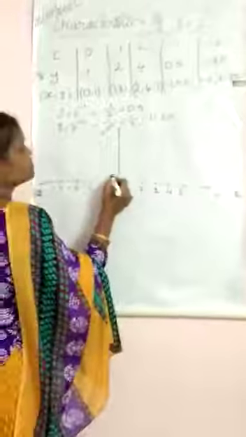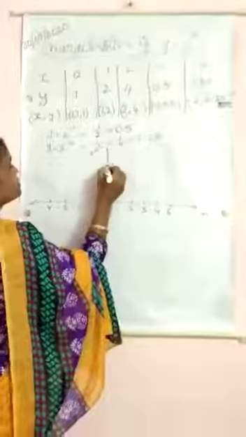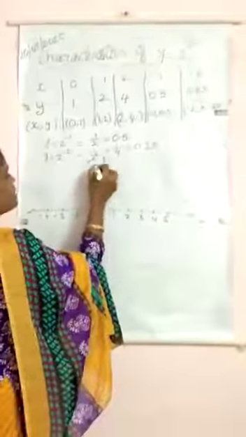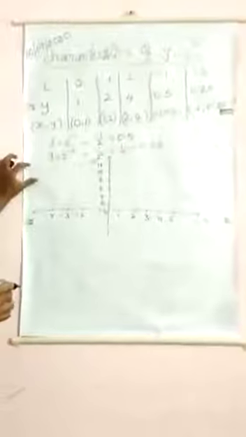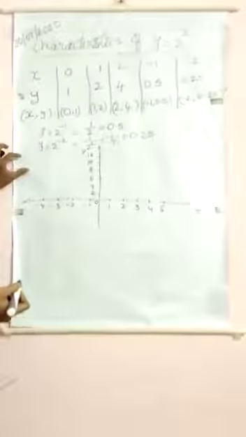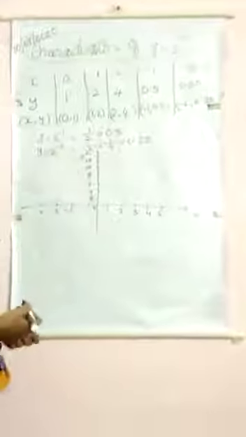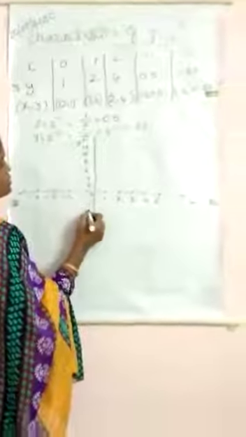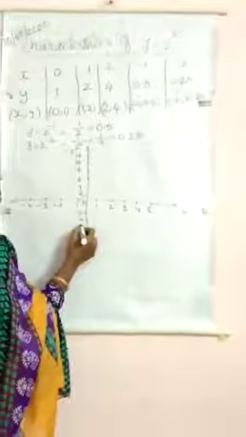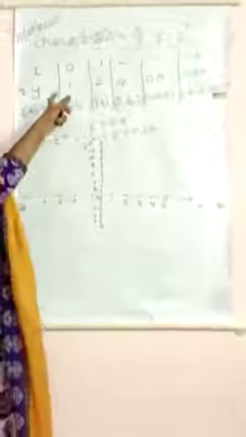That means 0, 2, 4, 6, 8, 10, 12 and so on, because the function is 2 power x, so I am taking multiples of 2. On the negative axis we write minus 2, minus 4, minus 6 and so on.